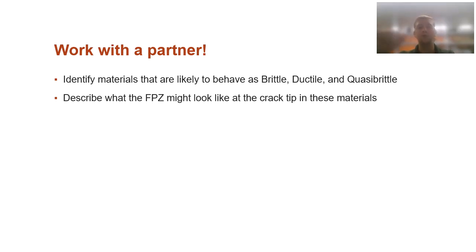And I also want you to describe what the FPZ would look like for these different materials. Bonus points if you can throw in the plastic zone in there as well. But just the main difference between what a brittle material would look like and a quasi-brittle material would look like, and why that FPZ will look different between them. All right, take your time. Ready? Now.